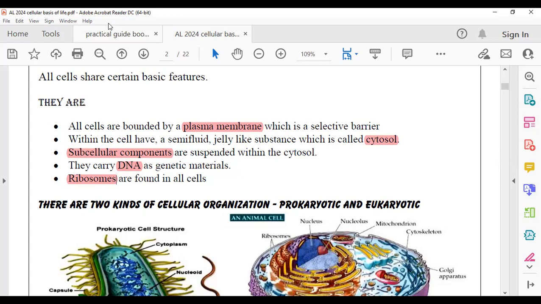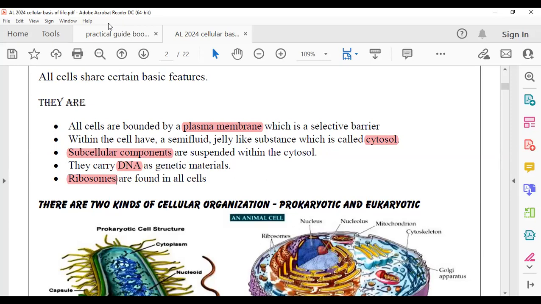Number one, plasma membrane, cytosol, subcellular components, DNA, ribosomes. A small description is given to you regarding plasma membrane, a small description regarding cytosol, and a small description regarding DNA, and ribosome, they have nothing special given.